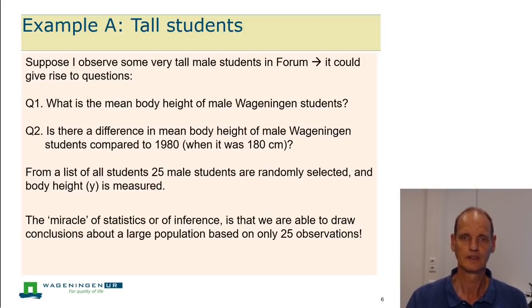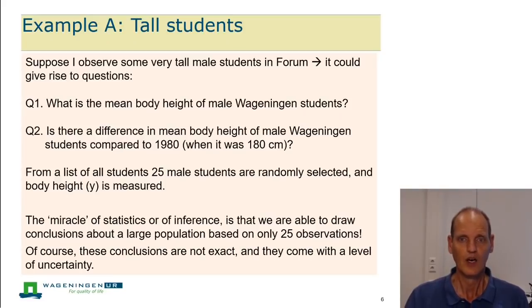And the miracle, if you would like, of statistics or of inference, is that we are able to draw conclusions about a large population based on only these 25 observations. So from few to many, that is the miracle of inference. Of course, the conclusions that we draw are not exact, and they will come with a level of uncertainty.